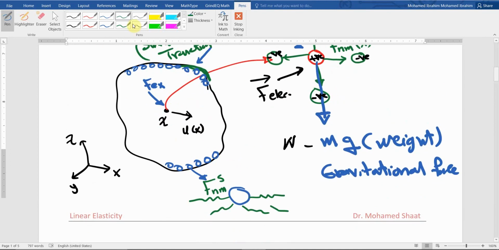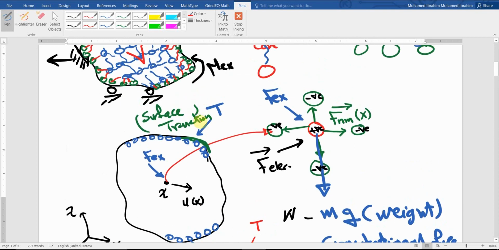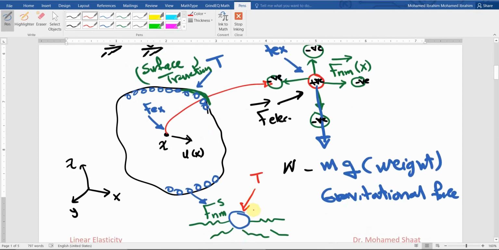In addition to this force, we may have some external force acting over this particle, and we said we're going to give it a name, T. T is the surface traction acting over the surface. So this force will definitely act over the particle that is located over the surface of this continuum.